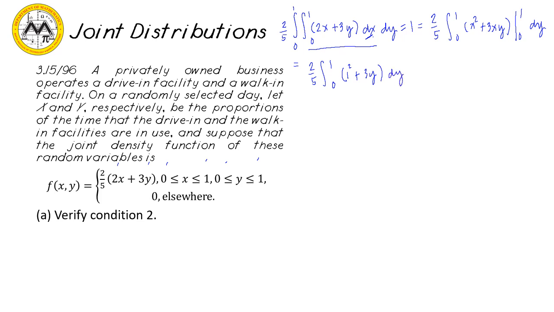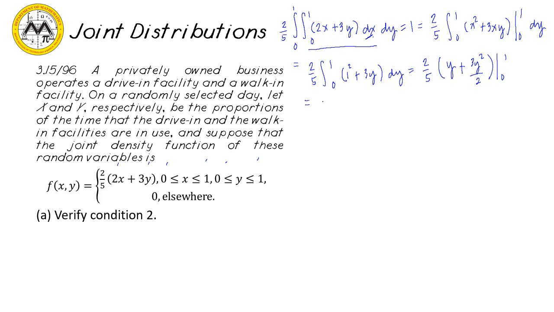And then with respect to y, that would be 2 over 5 times 1 squared, which is 1. The integral of 1 dy is y, plus the integral of 3y, which is 3y squared over 2. This is to be evaluated from 0 to 1.